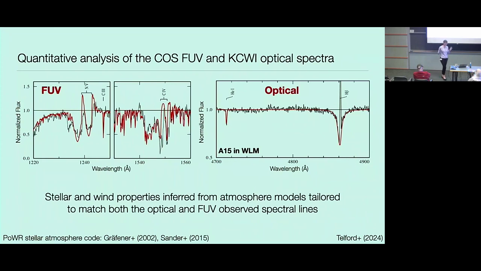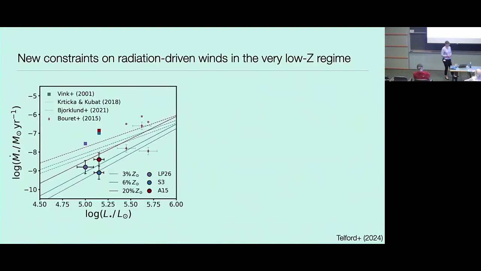They take days to converge sometimes, but eventually we got a model for all 3 stars that can reproduce the full suite of UV and optical diagnostics that we observe. And so from these best fit models, we can infer the properties of the stars and their winds. And so for the first time, we can now finally compare quantitatively the mass loss rates of these stars to expectations of these different theoretical treatments of stellar winds.